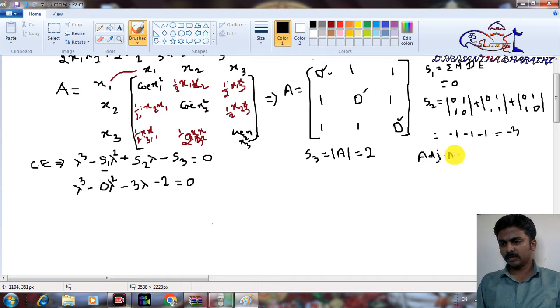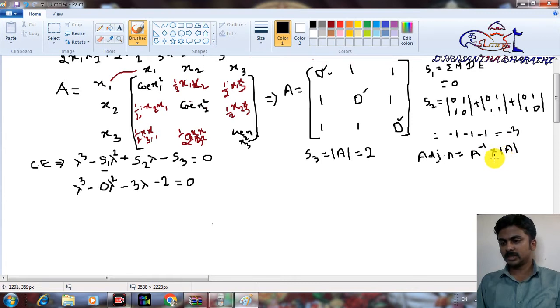The formula for adjoint A is, since A inverse has the formula adjoint A divided by determinant A, this adjoint A can be given by A inverse into determinant of A, or determinant of A into A inverse.